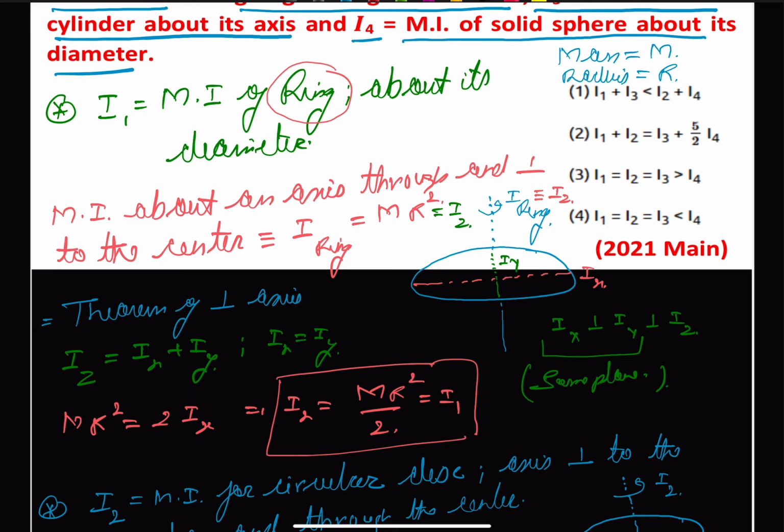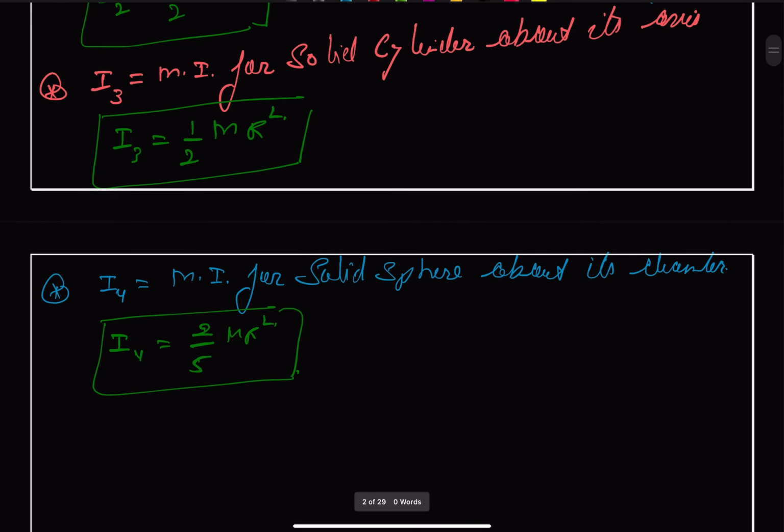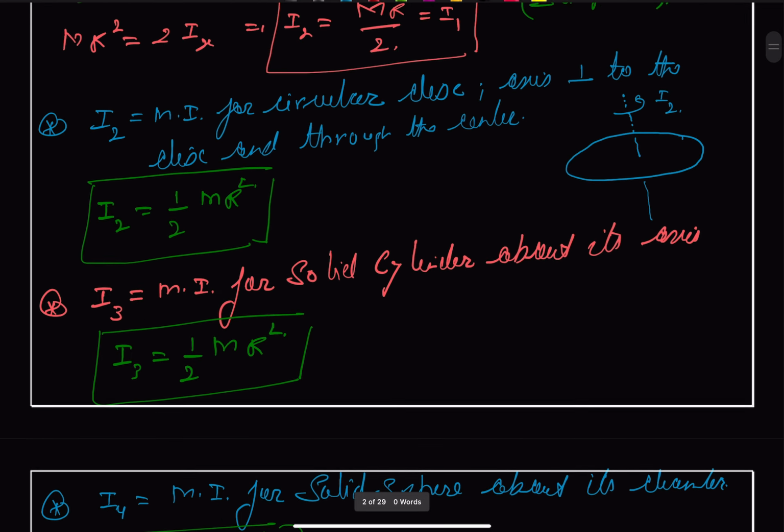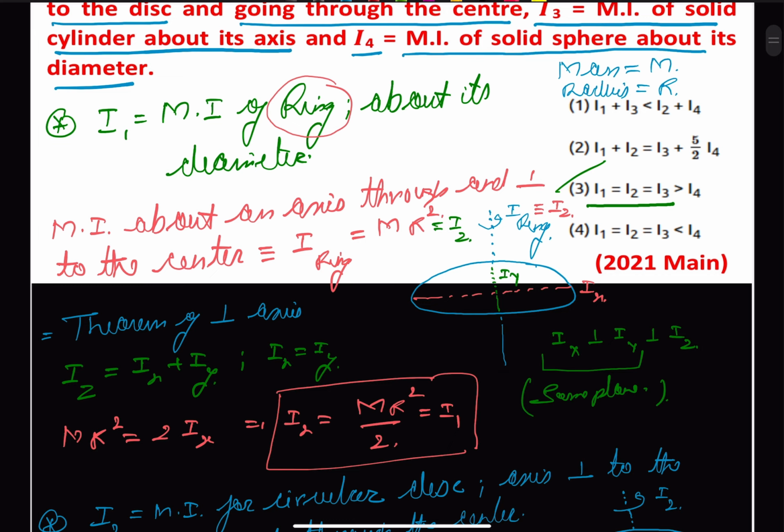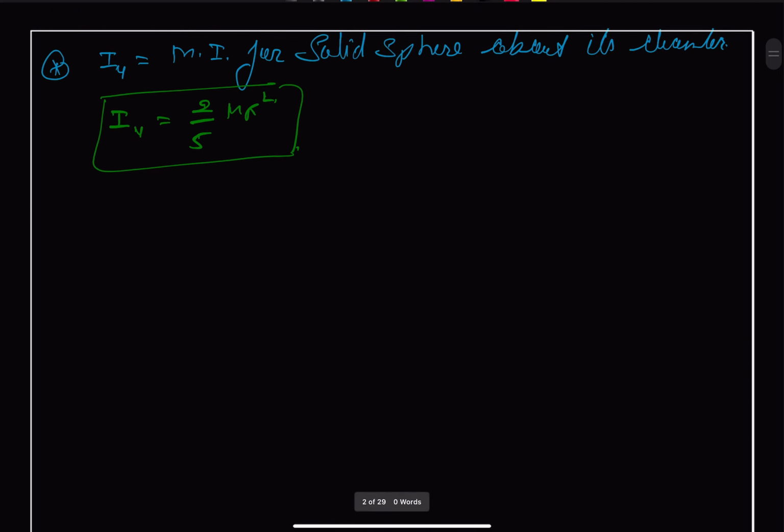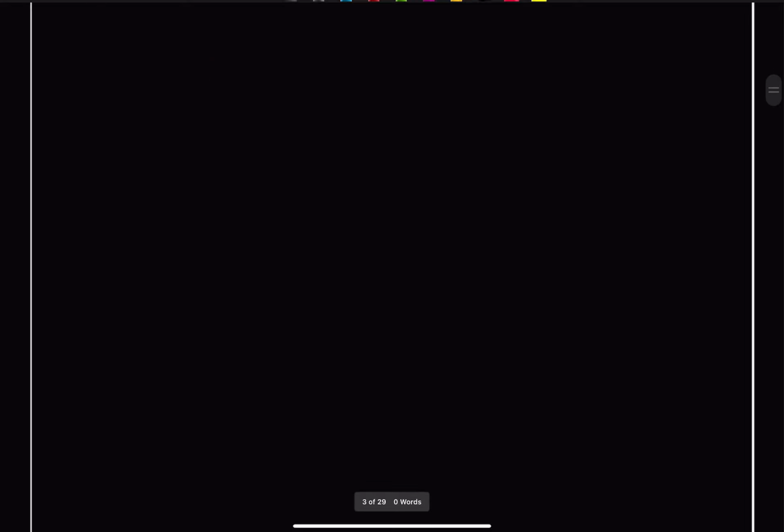So we can directly see that our option number 3 is correct, because all of them 3 are equal and they are greater than I4, because I4 is our 2 by 5. It has to be a smaller one, smallest one rather. So option 3 is correct. Next question.